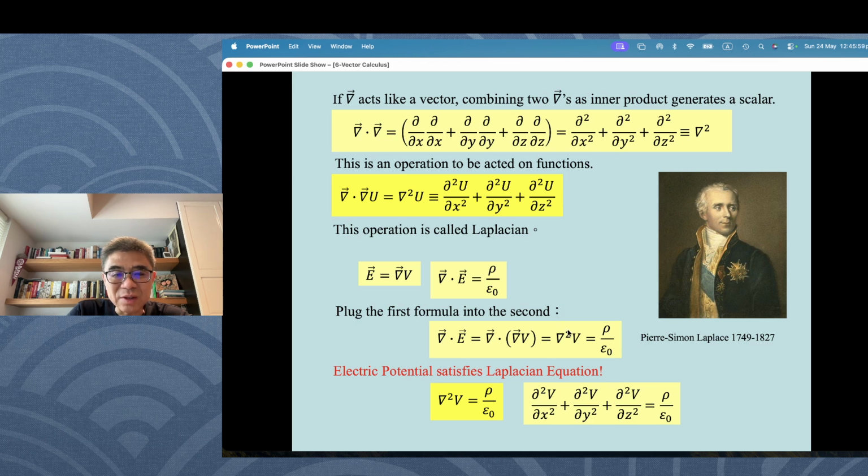Okay, so it is the Laplacian of V. Actually, you can write down all the detailed formulation to show it is indeed the Laplacian, or grad squared V. Therefore, the Laplacian of V is equal to rho over epsilon 0.